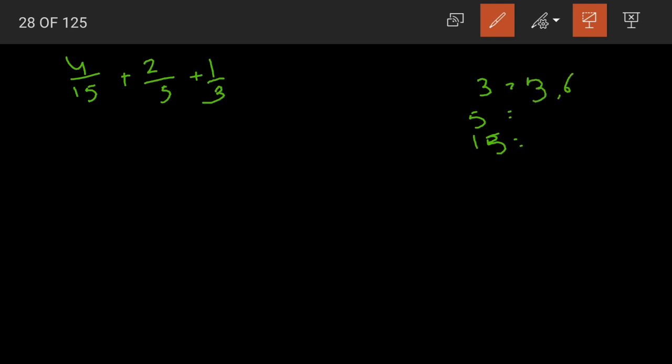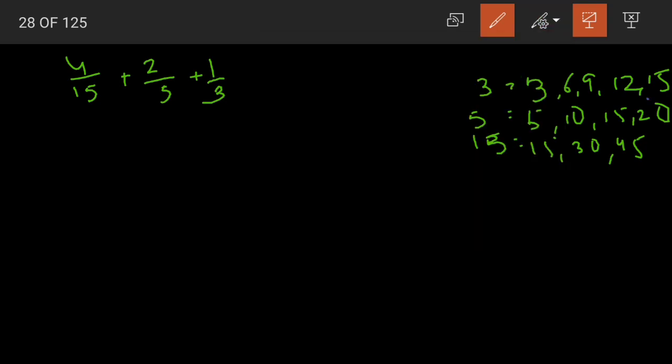The multiples of 3 are, and then the multiples of 5 are, and then we have the multiples of 15. Yes children, if we observe, 15 is the least common multiple for all the 3 given denominators. So 15 will be our LCM.